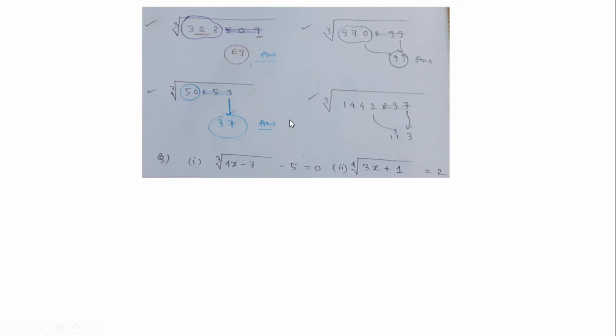Similarly you can find out this, and you can check whether I am telling right or not. Okay, so you can check like that. So here is also one interesting question you can solve. First we have to find out the cube root of this, and minus 5 equal to 0. This is given in the question, and we have to find out the x value. Okay, so this is your homework.